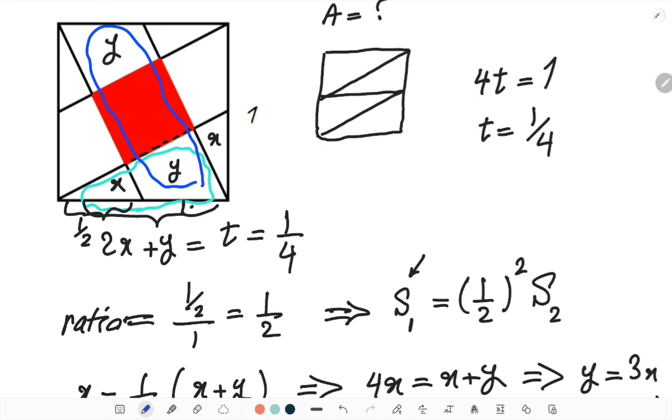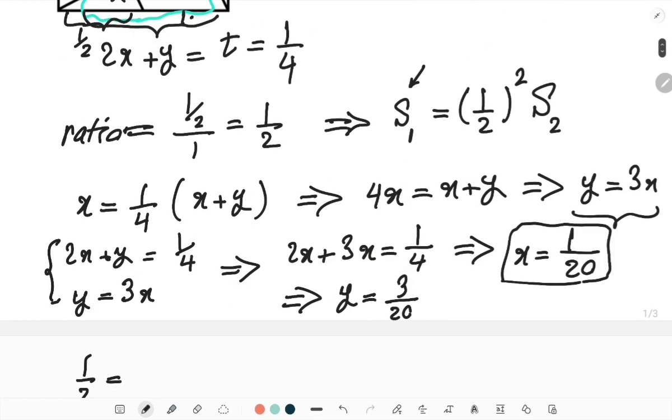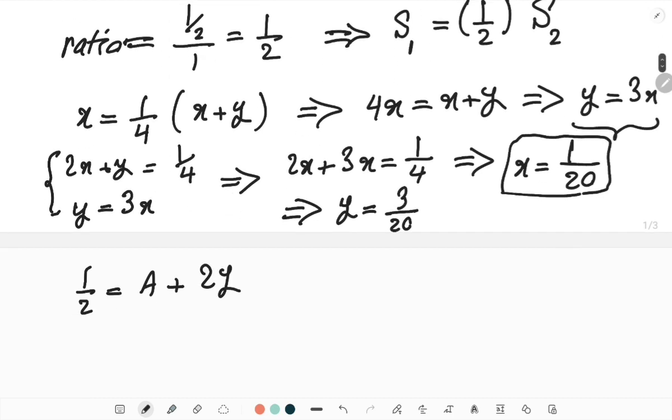Perfect. So I have y, but I already know that the area of this middle part is 1 over 2. So I can proceed and say 1 over 2 equals the area of the red part, which is A, plus 2y. I already have y, so I can say 1 over 2 equals A plus 2 times y, which is 3 over 10.